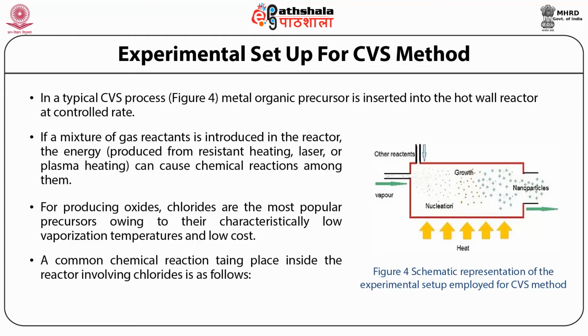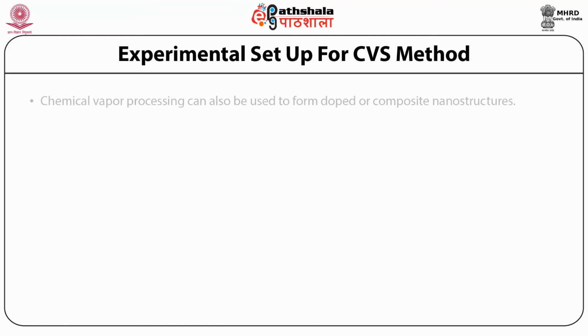A common chemical reaction which takes place inside the reactor involving chlorides is as follows: SnCl4 in gaseous phase plus 2H2O in gaseous phase gives SnO2 in solid phase plus 4HCl in gaseous phase. The chemical vapor synthesis, or CVS, method can also be used to form doped or composite nanostructures.